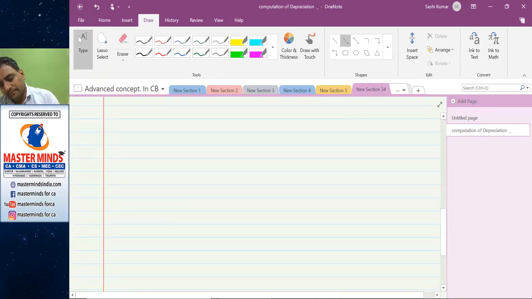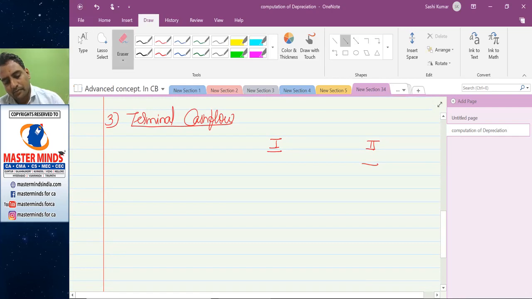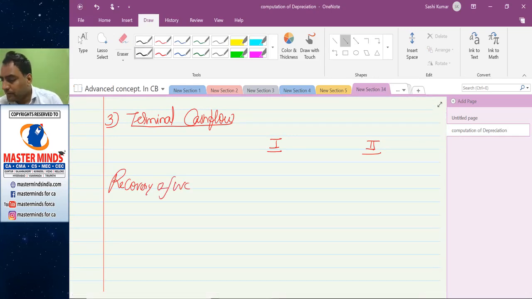Third working, terminal cash flow. So recovery of working capital.